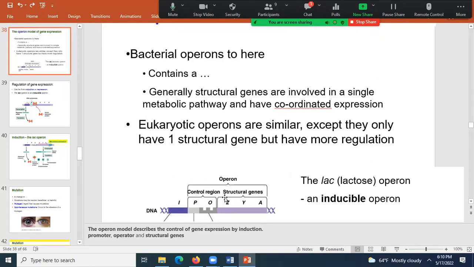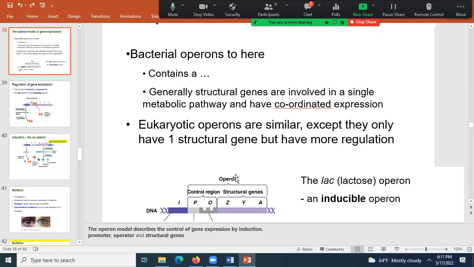It codes for the enzyme lactase. So that's the gene that we're talking about. But in the lac operon, there are two other genes besides the lactase gene. There's the Y gene and the A gene. In bacteria, the operons may have one gene of interest, which we call a structural gene, but it may have more than one gene of interest. In the case of the lactose operon, there are actually 3 structural genes.